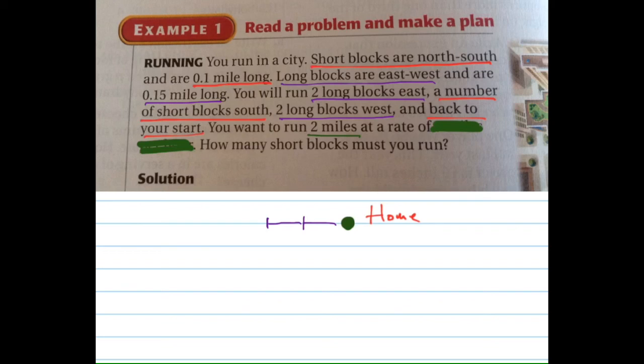Then which direction do we run? After we go east, where do we go from there? South. How many blocks? We don't know. Okay? It says a number of blocks south. So let's go south.